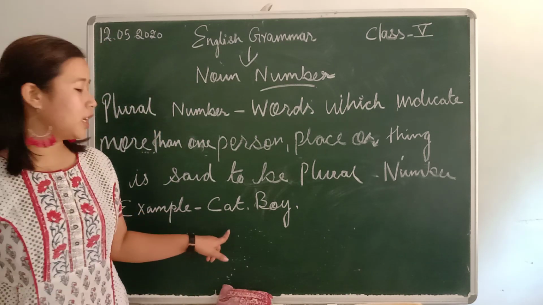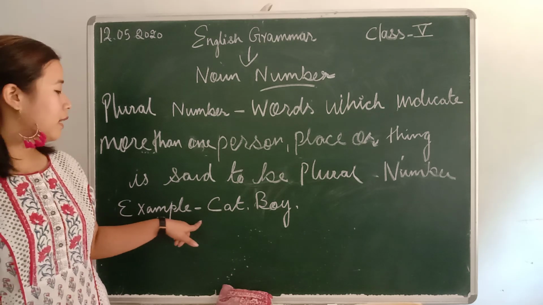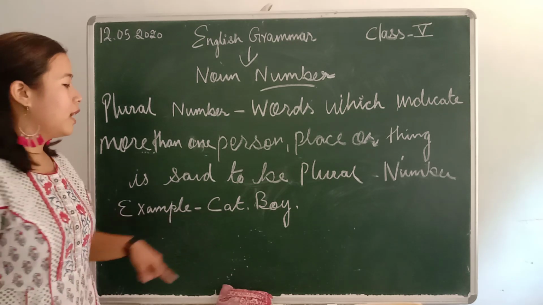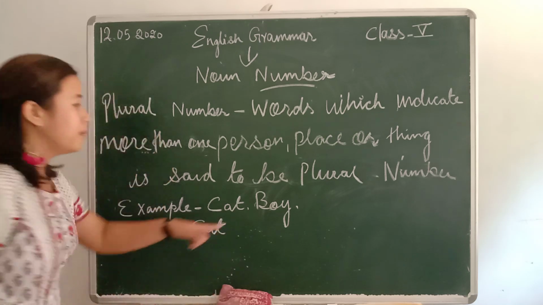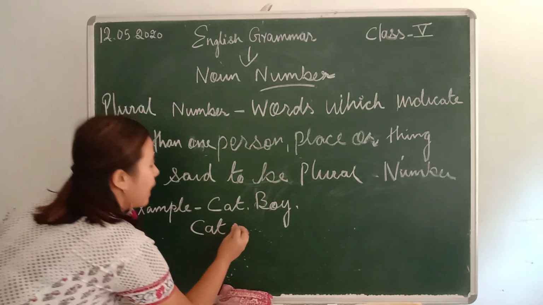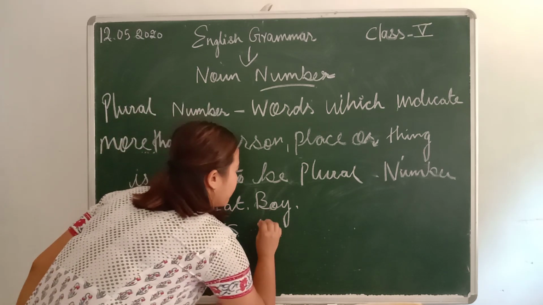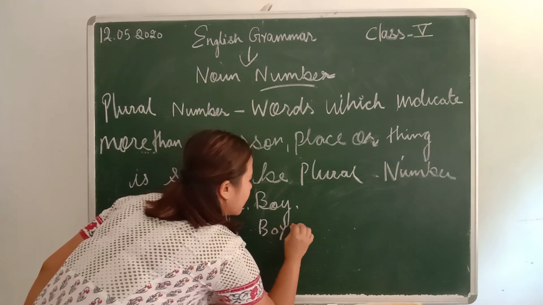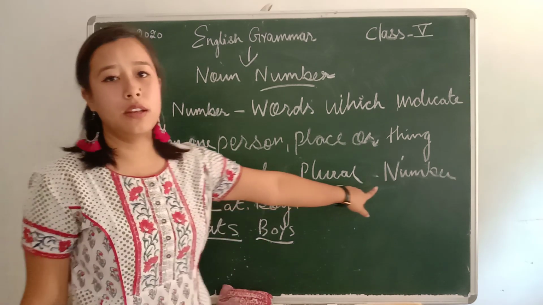Now we have seen singular. For example, cat is a singular, and to make it plural, we add s. So it becomes cats. Boy becomes boys. So these are the examples of plural number.